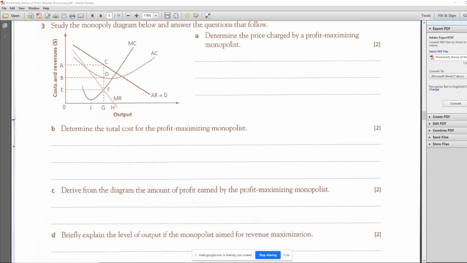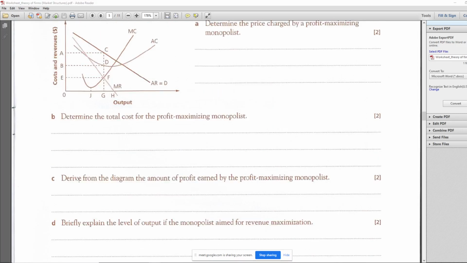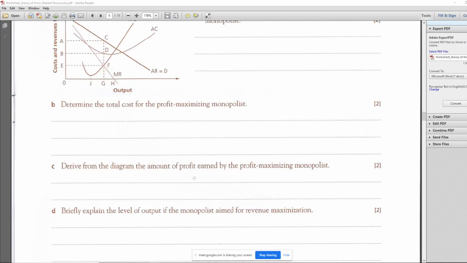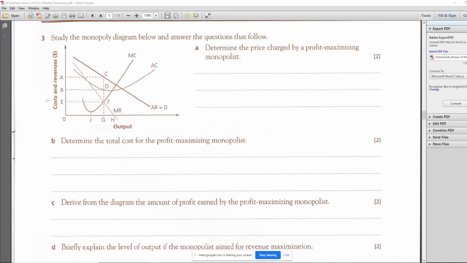So this area here is your total cost. That's very good. What about C? Question C: derive from the diagram the amount of profit earned by this monopolist. So where's the area of the profit? A, B, C, D. Right, because now we know this area here is your total cost. And if you look above, at point C, this is your average revenue.